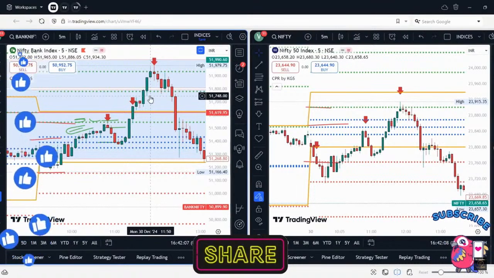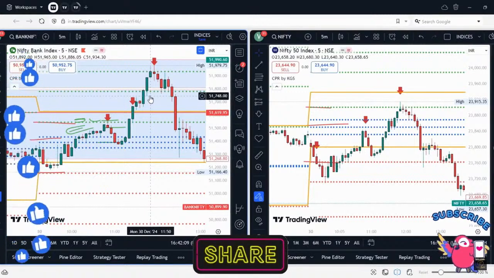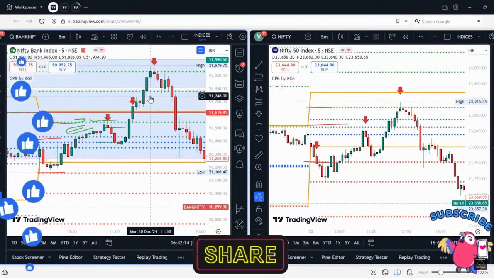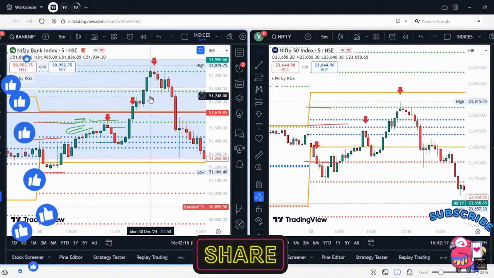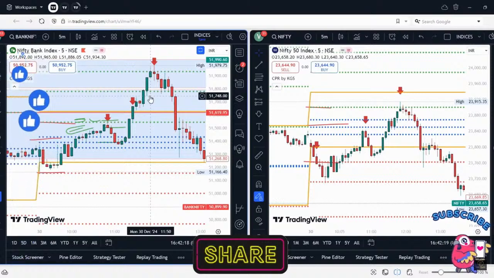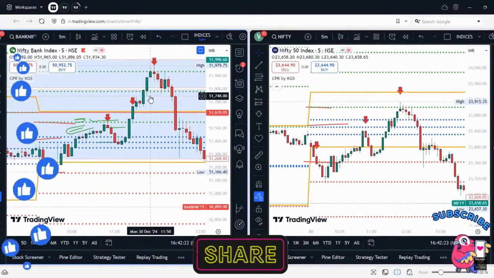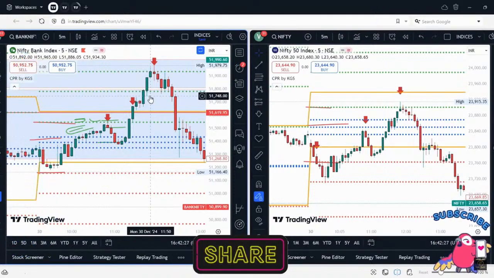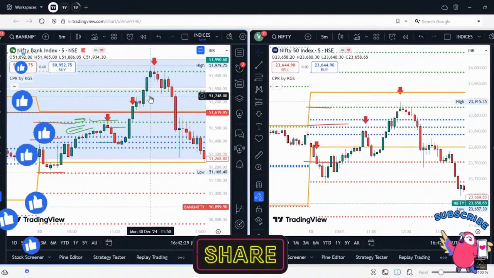One or two strategies you have to backtest according to your psychology. Then take only those two strategies and trade them, not 10-15 strategies. If you are doing that, please stop. Don't take your money, give your money to the market.